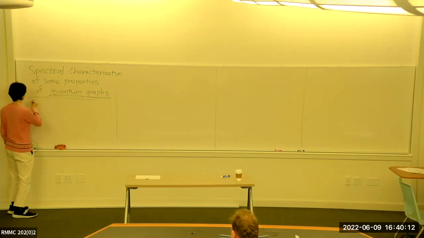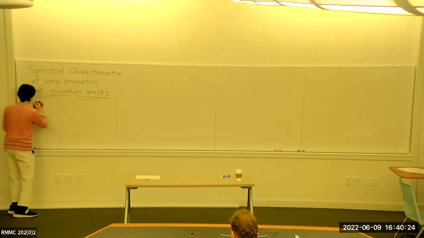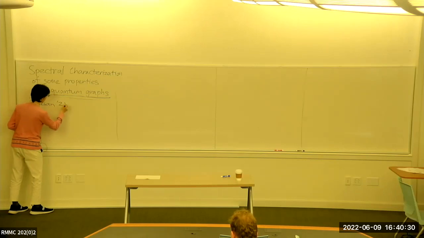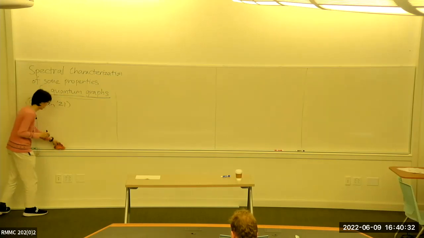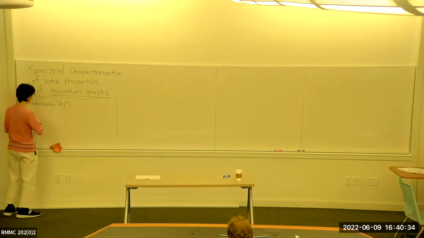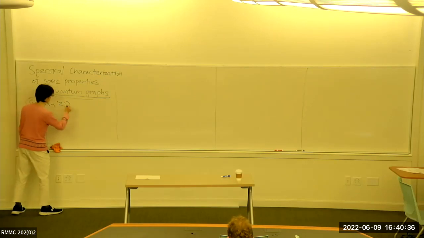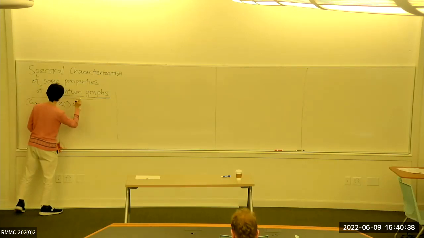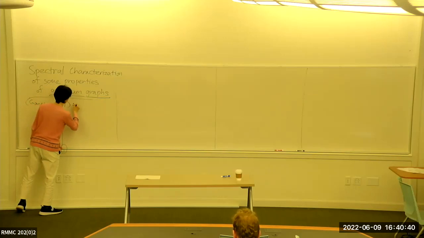There is other research already done about such spectral approach to quantum graphs. There's a research by Garnison. She did a spectral analysis on quantum chromatic numbers.